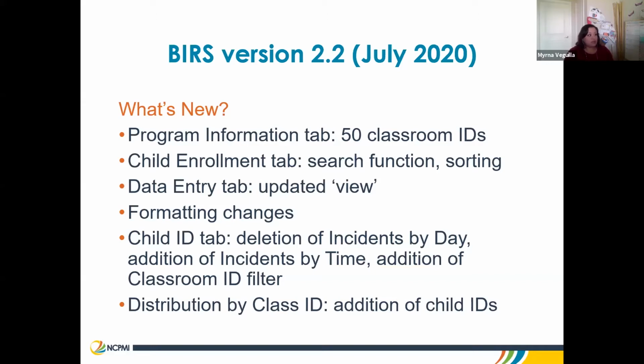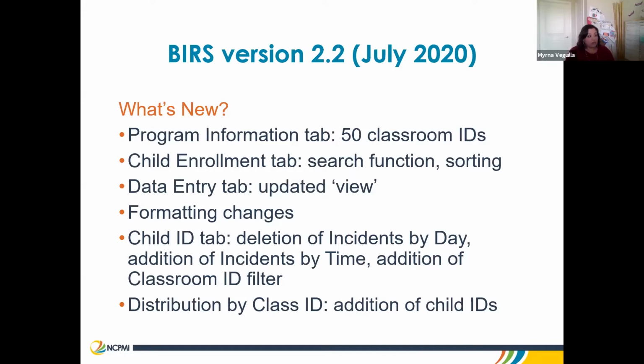And so what's new? The program information tab, this is the tab where you are entering all of your program demographics. So you're entering your enrollment by classroom, by race, ethnicity, by gender. That tab was updated to include 50 classroom IDs. In the previous version, there was only room to put in 30 classroom IDs. So now you have room to put 50.